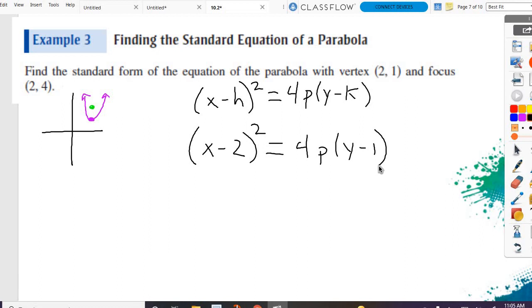And we have to figure out what P is, but they gave us the focus. So what does P equal? 3. So then we plug in 3. So what do we get in front of our Y?